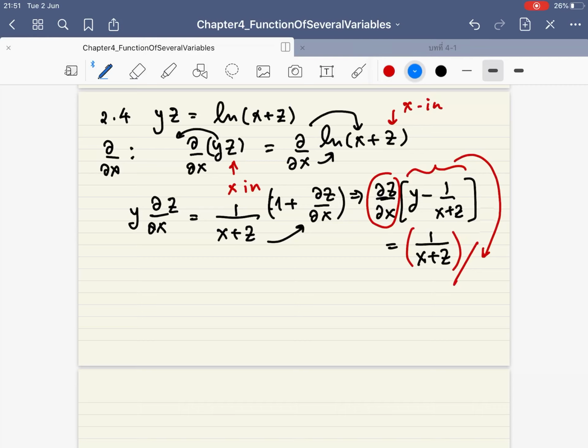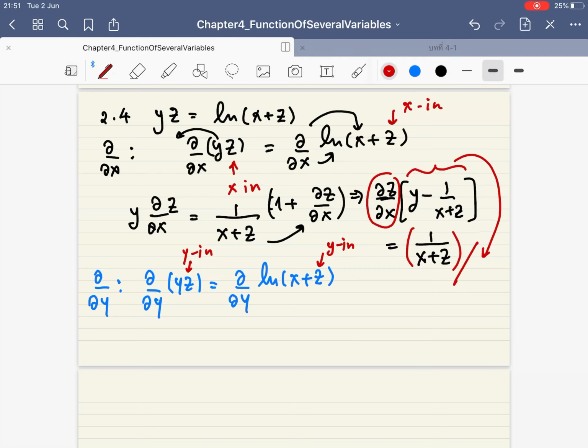All right, and if you want to find d by dy, it is a d by dy of yz equals d by dy of log of x plus z. So your z has y hidden in there. So this one you need to use a product.